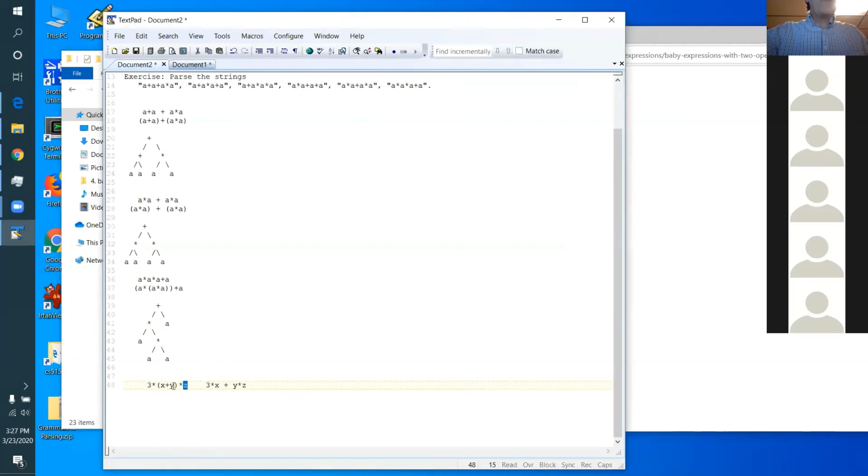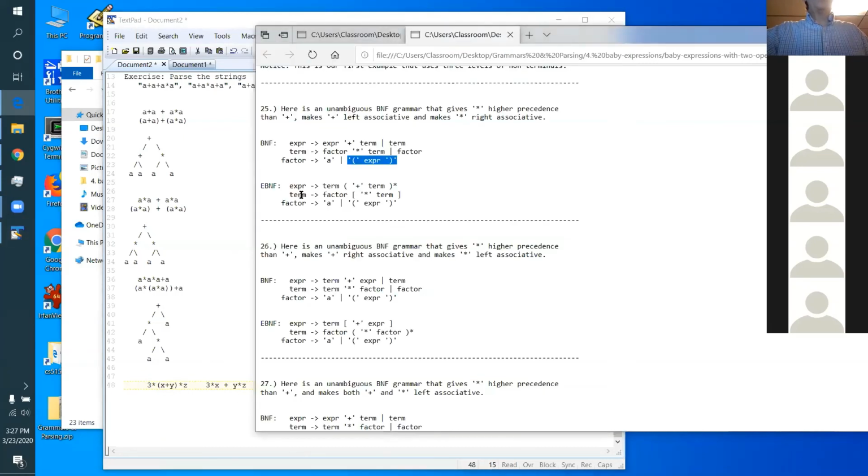Here was a literal number. This was a group factor. This was a variable factor. So a term is a product of factors. Actually, a term is a product of a factor times a term, and a factor is either something by itself or a group. So we have three productions now.